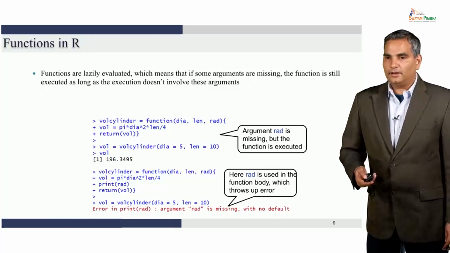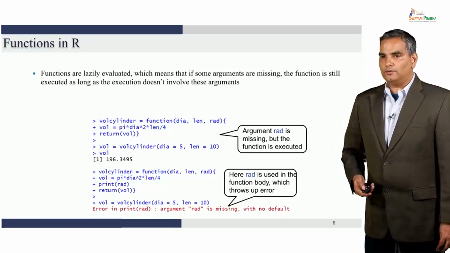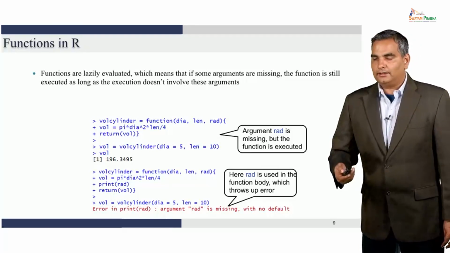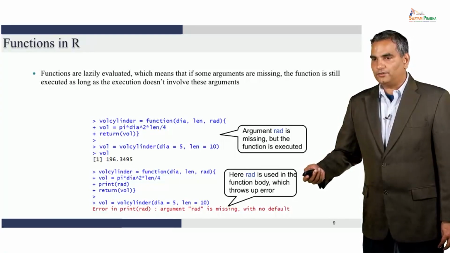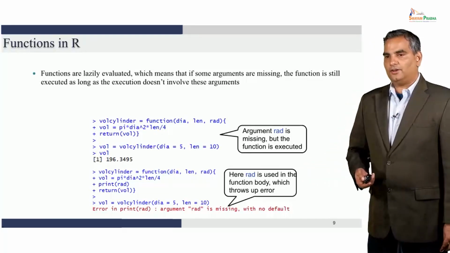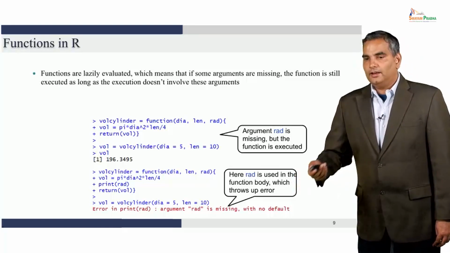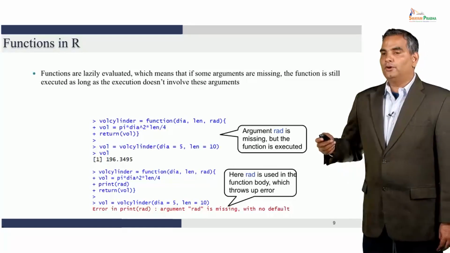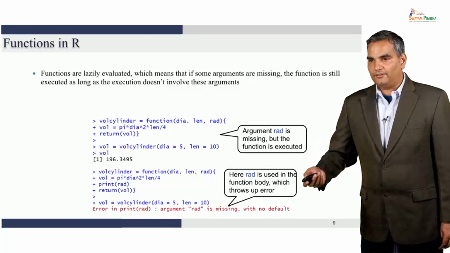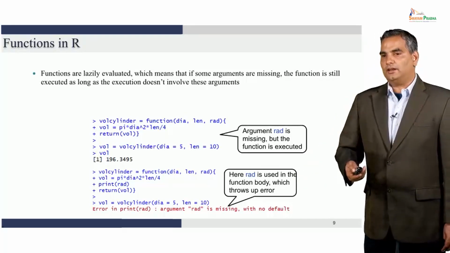Notice inside the function, the volume only uses the diameter and length to return volume. You would think that whenever I invoke volume cylinder, I should invoke it with 3 arguments, but in the first case we are invoking it with only 2 arguments, diameter is 5 and length equal to 10. I still get a result for volume which is 196.3495. Though I didn't provide any value for RAD, since that was not used within the function, there was no error thrown.